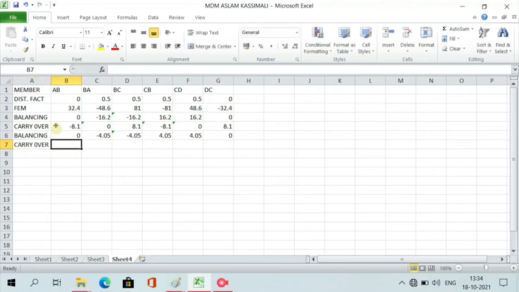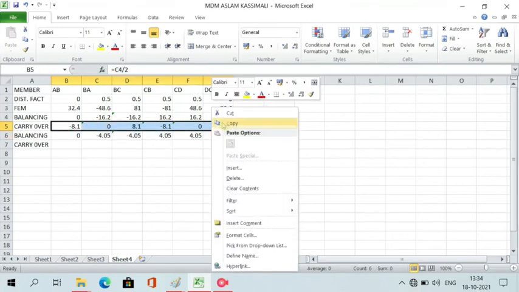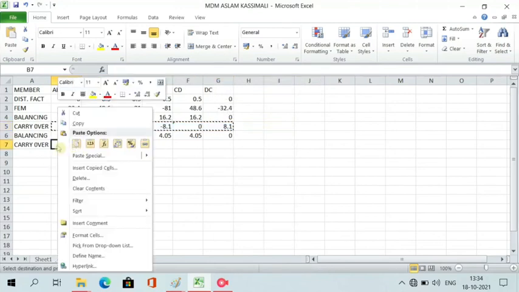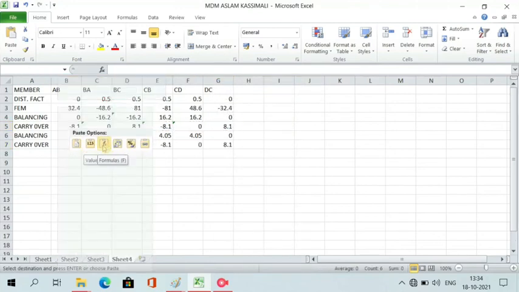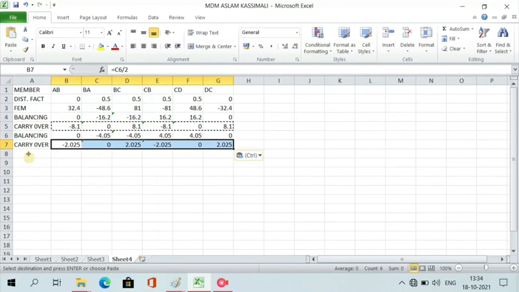Again we have to do carry over. So we don't have to use the formula again. We just have to copy this. I copied. We need to paste the formula here.